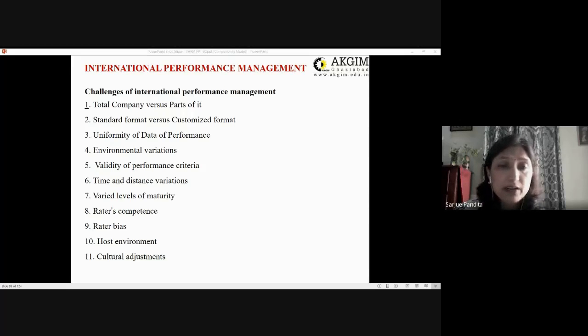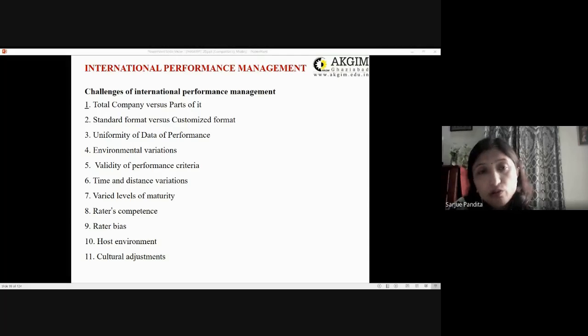Then we have environmental variations. Obviously, for example, we talk of dollars, rupees, euros, we talk of economic associations.